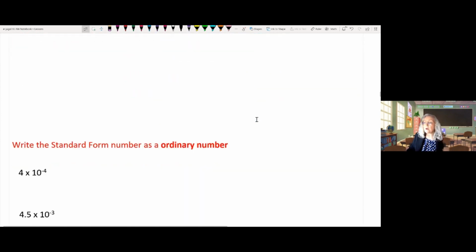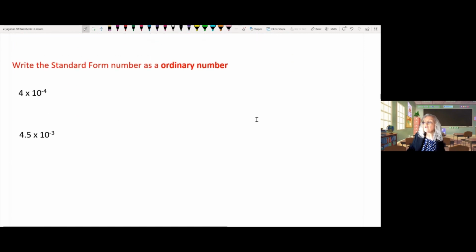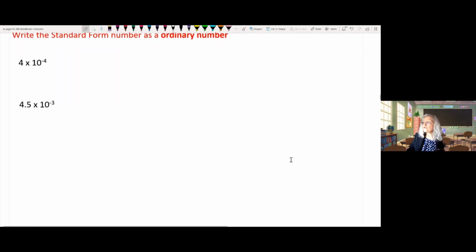Okay, let's look at the next part. So now writing standard form numbers as ordinary numbers when we're dealing with negative powers. We know now that this is a small number. So looking at this, how would I do this one?